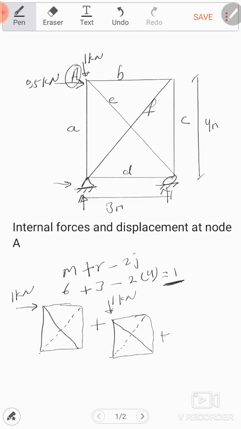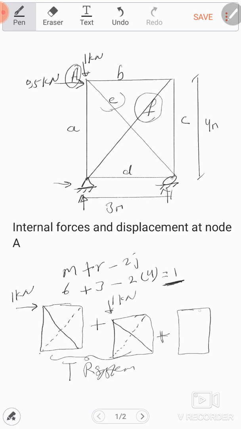Plus, you can remove the member number AE. It is up to you, but for me, actually, I will remove the F. This is called the R system, that means the R system.